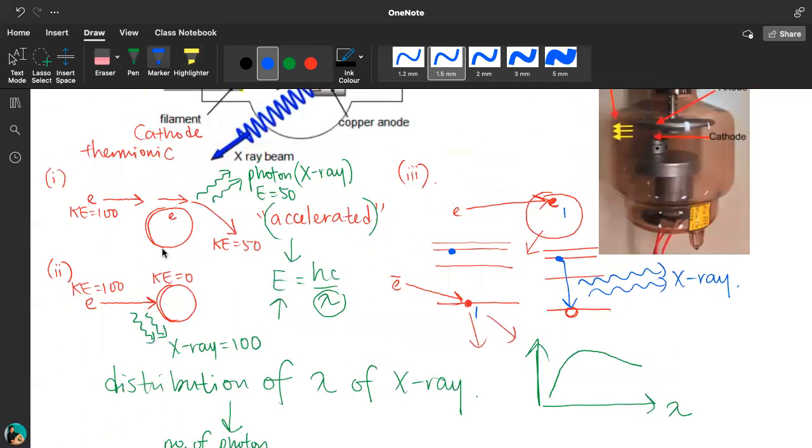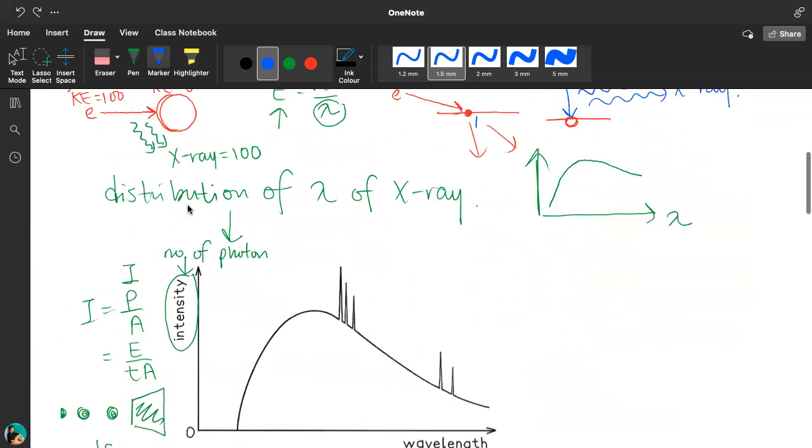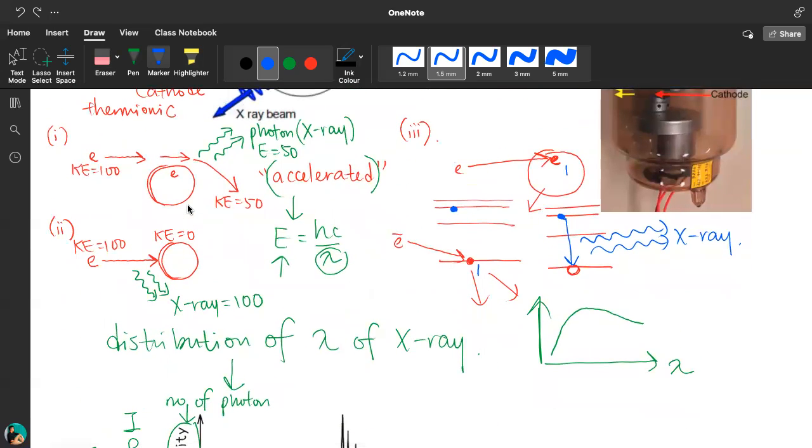Okay, remember our 3 situations. Continuous distribution is due to case 1. Different electron, they slow down at different rate. Now case 3 says that some electron will knock off the electron and the high energy will de-excite.